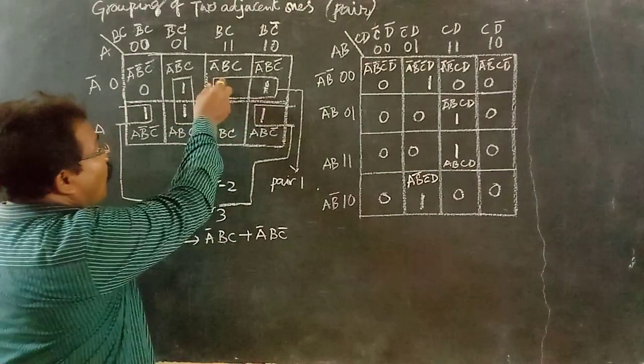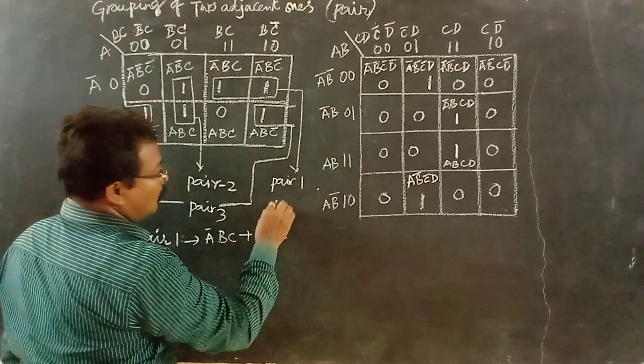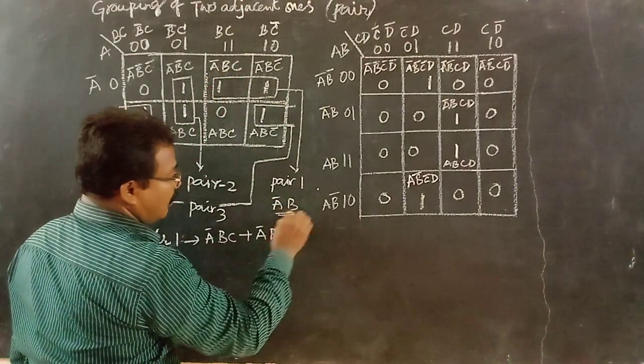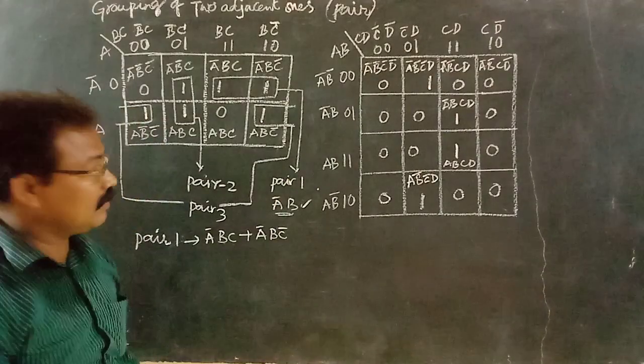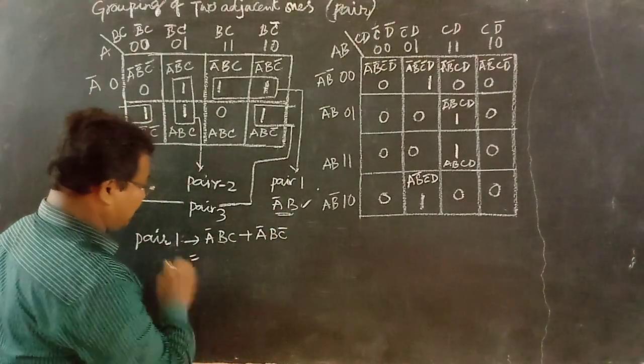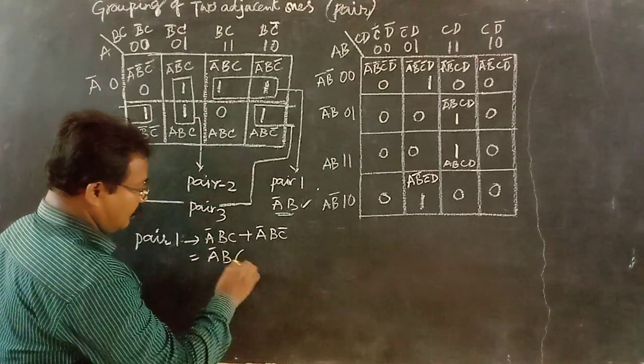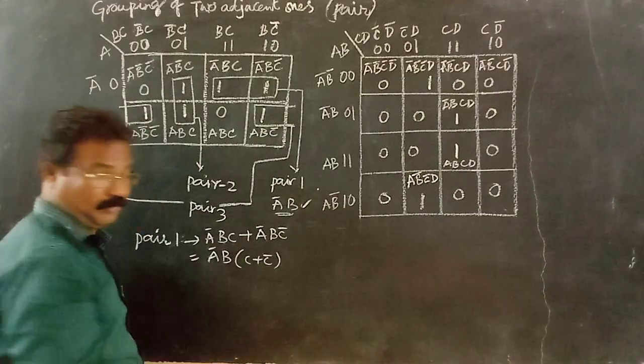What are the common variables? A bar B. So its simplification is simply we can write it as A bar B. A bar B is common here, C plus C bar.